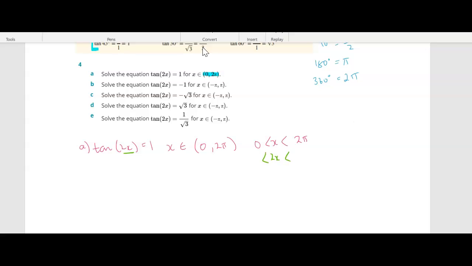And when we solve for 2x, we do need to multiply both ends by 2. So we're going to go from 0 to 4 pi. We're not changing our domain.